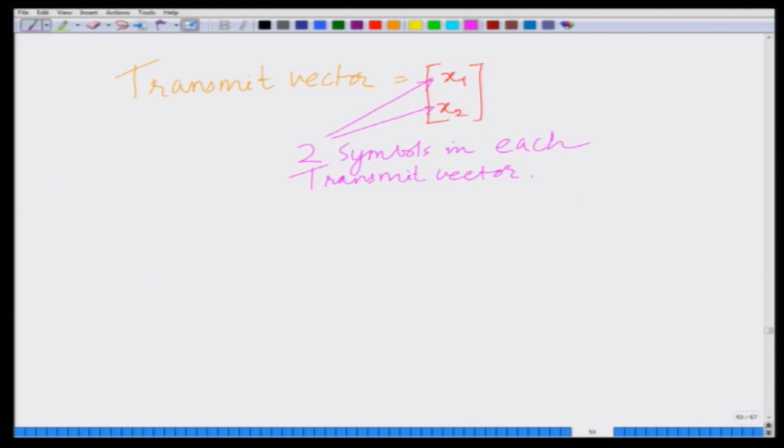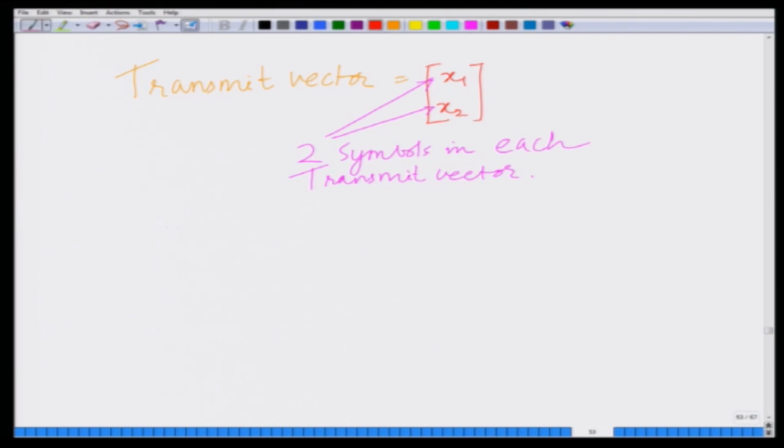So we have two symbols in each transmit vector. Therefore, if the total power is P, this transmit power P has to be divided between the two symbols. Each symbol x1 and x2 will have half the transmit power, or P by 2.